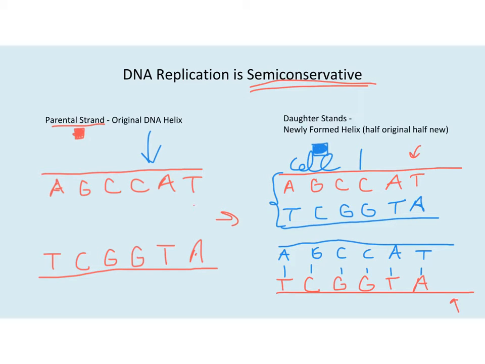Now, when we say it's semi-conservative, why we're saying it's semi-conservative is because the new pieces of DNA, the new double helixes, are half original. This is our original part right here. So it's half original, and then half brand new. This is the brand new part, the bases that we just ate and broke down.